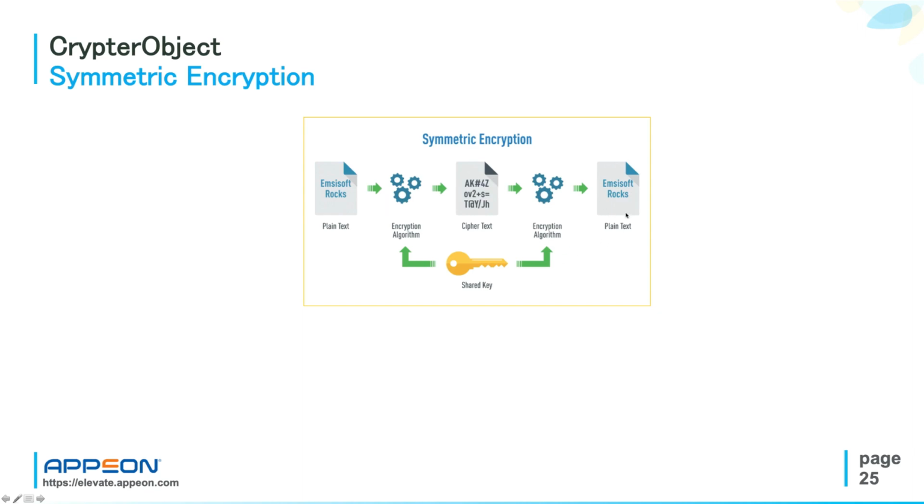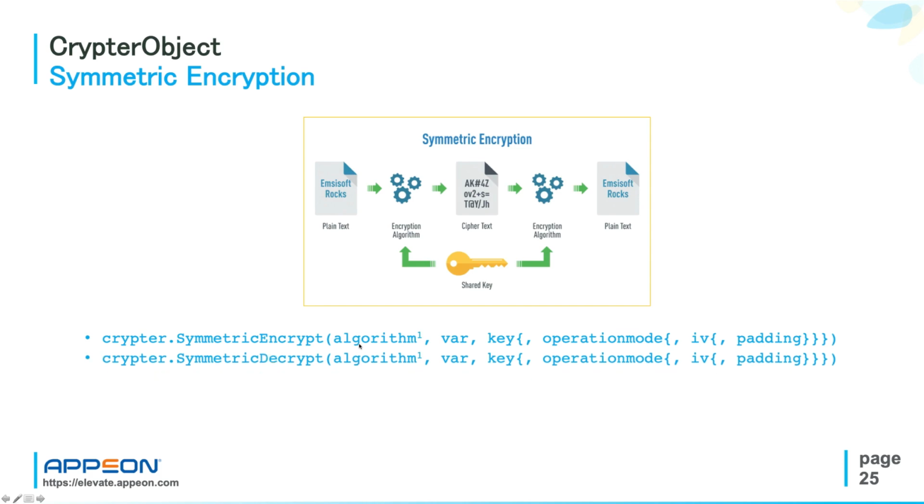And finally, the plain text can be decoded by the receiver. So PowerServer supports the symmetric encryption method, the symmetric decryption, with a number of algorithms like AES, DES, TDES, etc.